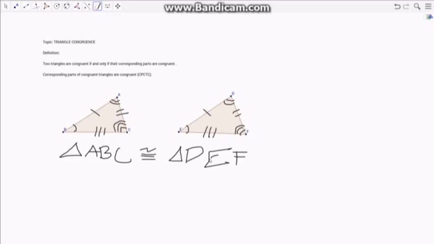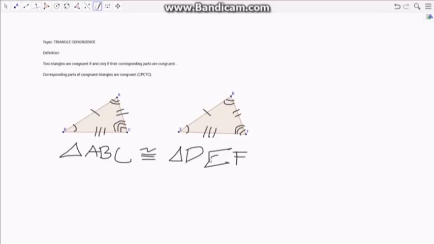And at the same time, angle F is congruent to angle C, this one here. It's not actually 90 degrees, but that is just an illustration of congruence.